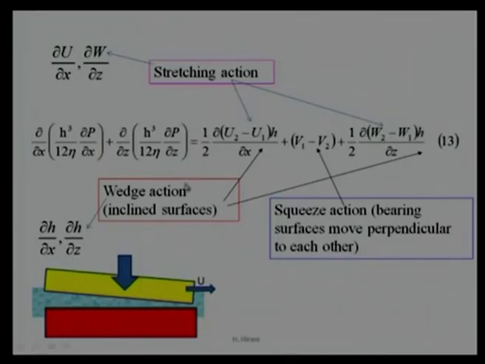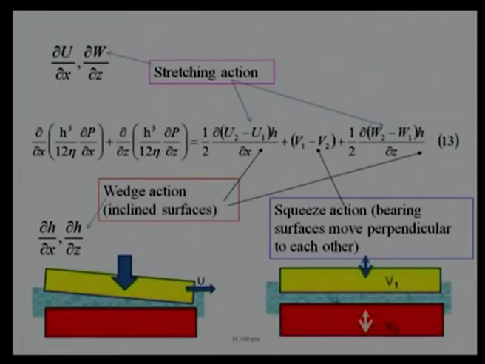Now, in this diagram we started earlier, this has a wedge action, and there is a relative velocity u with respect to the red block, so this satisfies our requirement for hydrodynamic action. Similarly, this is squeeze action, which we initially discussed. There is a change in film thickness.